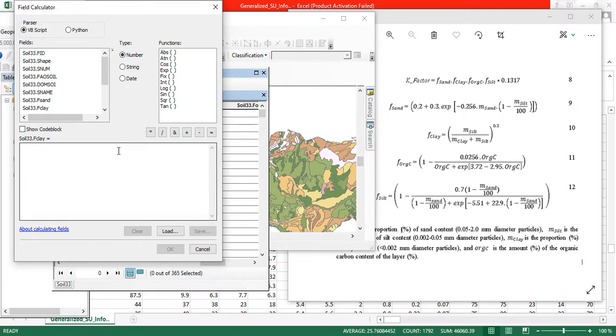So you open the bracket, m silt, which is this, multiply by, divided by, then another bracket will now be open to be closed, divided by m clay plus m clay plus m silt.